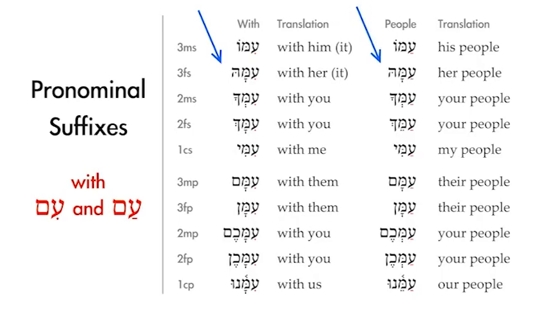In the right column, you'll also observe a dagesh forte in each mem. Both the preposition im and the noun am are geminate, but in the right column, with the noun am, the vowel under the ayin is patach. So the only way to distinguish between the preposition and the noun is the vowel under the first letter: hireq for the preposition, patach for the noun.